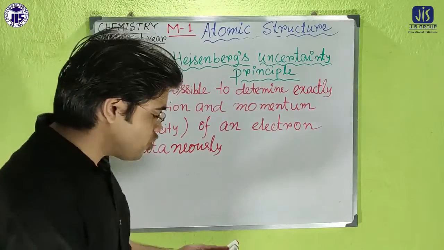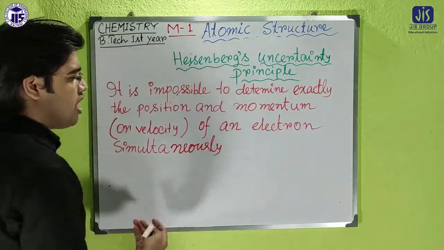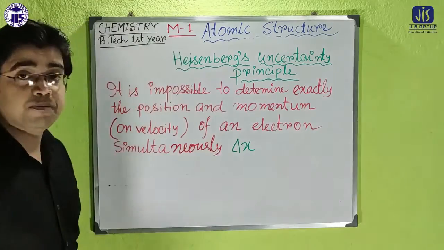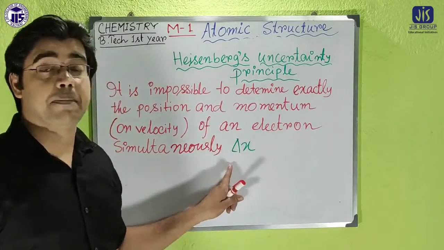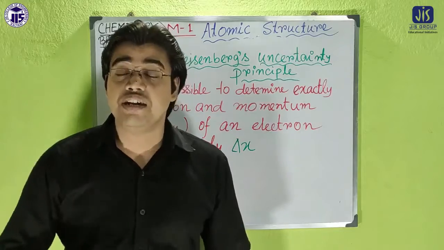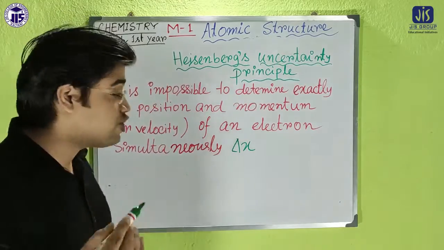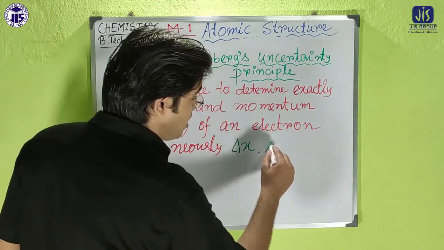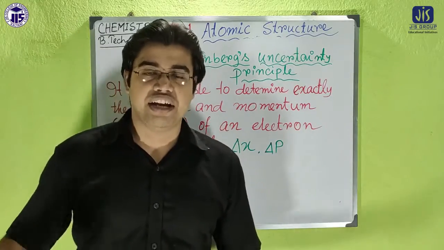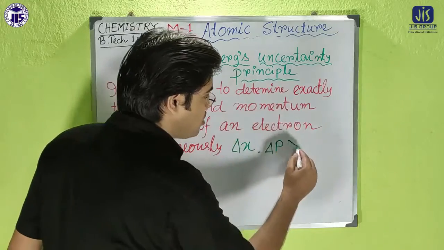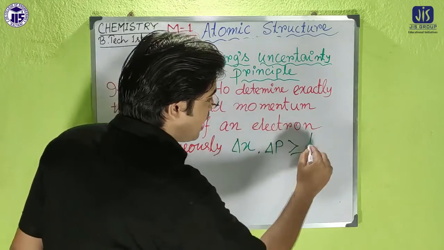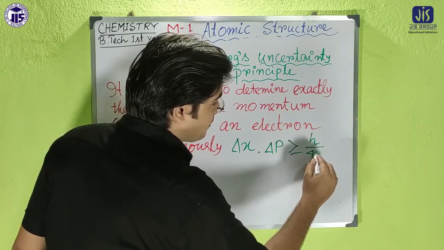So according to the Heisenberg uncertainty principle, delta x, that means del x, is the uncertainty, that means error. If delta x is the uncertainty in measuring the position of an electron, and delta p is the uncertainty in measuring the momentum at a time, then according to the Heisenberg uncertainty principle, delta x into delta p is greater than or equal to h by 4 pi.